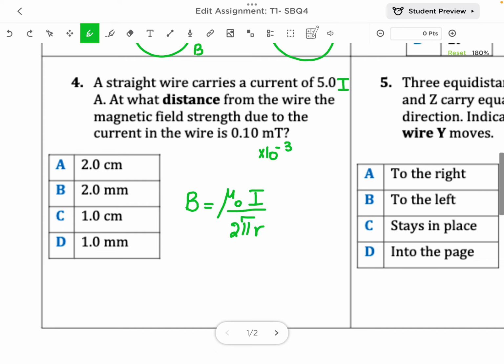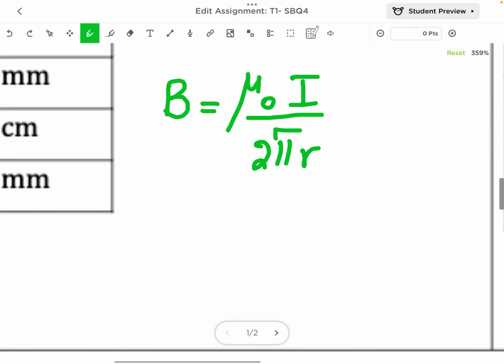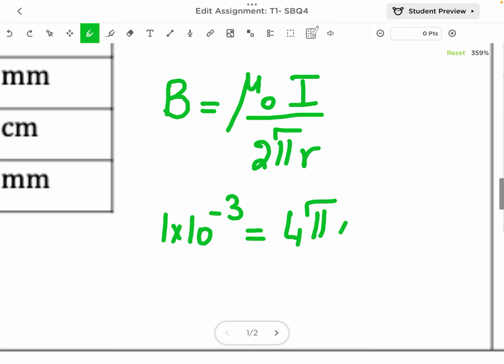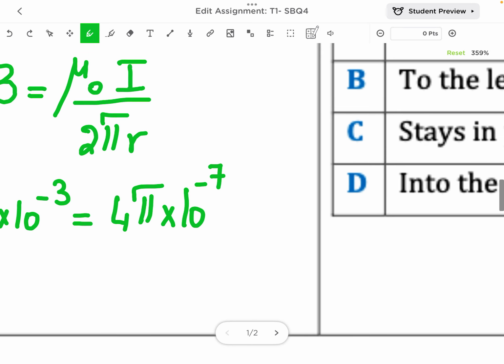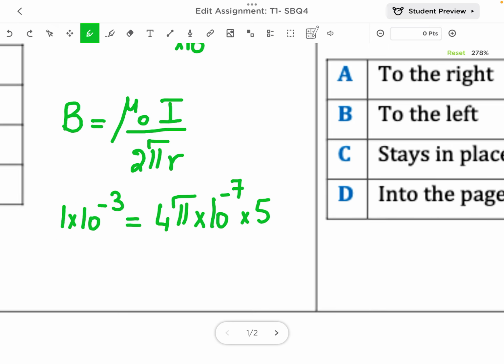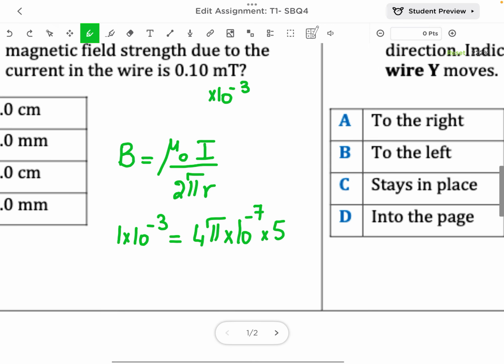Can you scroll down? Sure. So 1 times 10 to the power of negative 3 equals 4 pi times 10 to the power of negative 7, I is 5, and 2 pi r, I don't know.